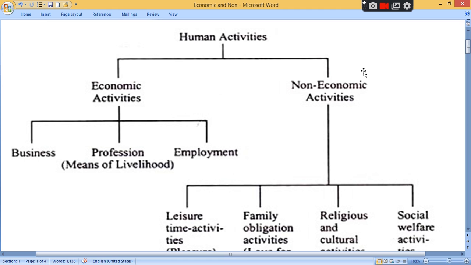Non-economic means the main objective is social welfare, human welfare, like leisure time activity, where you do the type of activity from which you can obtain happiness and pleasure, family obligations, religious activities and celebration of various festivals, going to temple for inner peace, mental peace. Clear? So here is social welfare activity. So we have completed our unit number 1, clear.